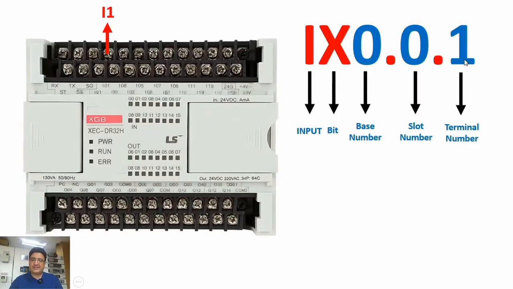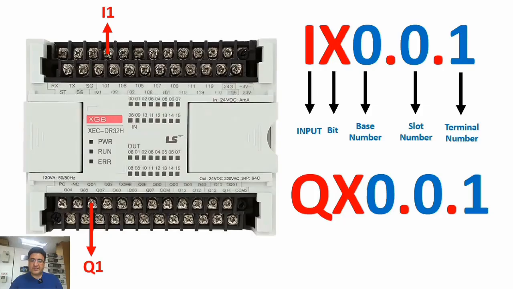So here we put the number 1. And also regarding the outputs, as we mentioned, if we want to assign a value to one of the outputs of the S7 PLC, we use the address %QX0.0.1, which here corresponds to our output number 1. The Q that you see here indicates the outputs of the PLC. The X represents the outputs in bit format.